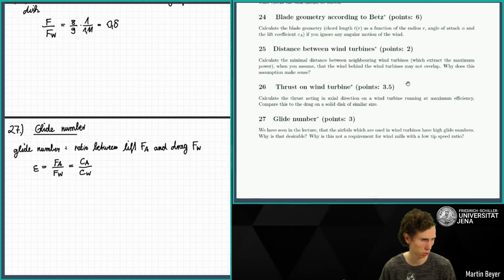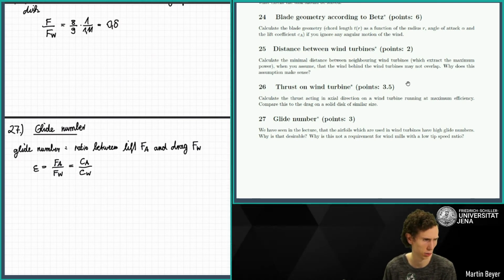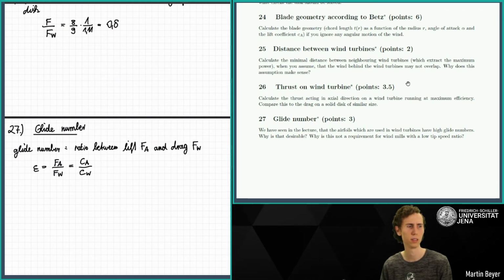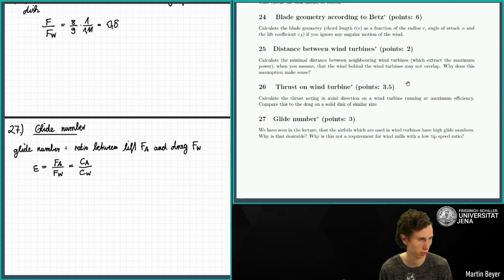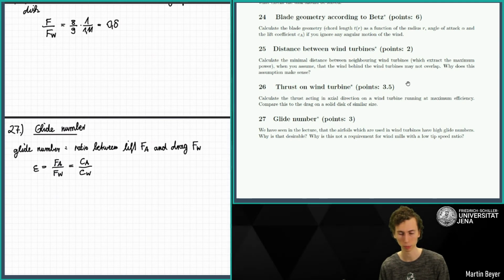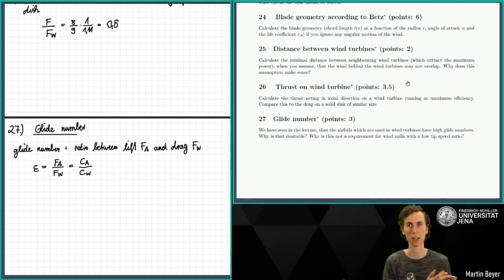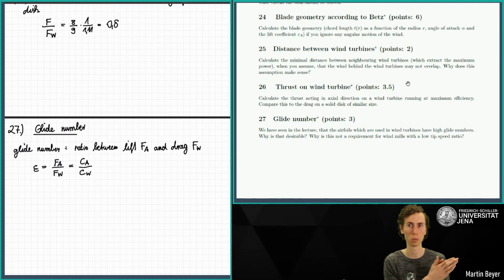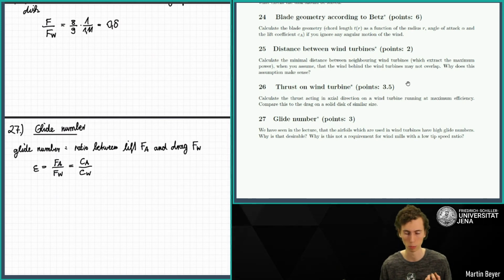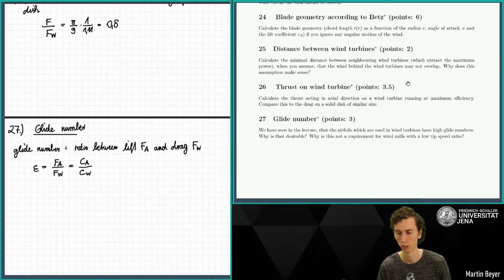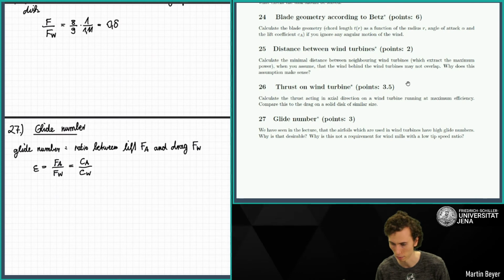And now we want to discuss why modern airfoils in modern wind turbines have high glide numbers. The simple reason is that, looking at drag and lift as energy conversion from wind speed to electricity, we find that lift is far more effective for generating electricity.